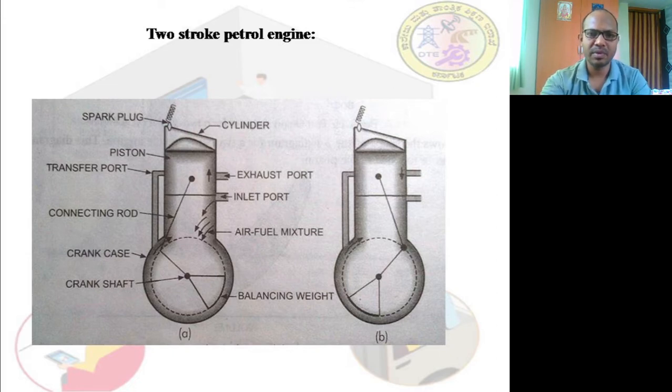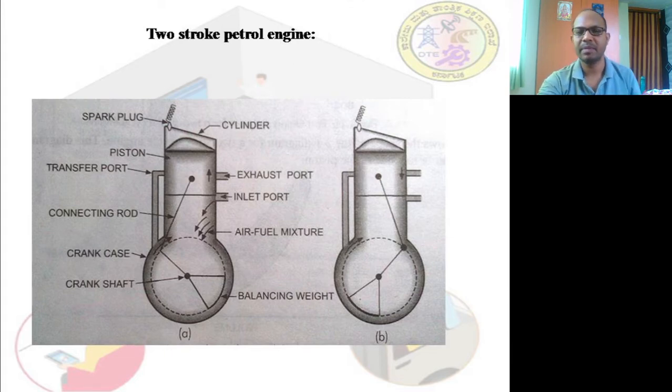Now in these two-stroke engines, the piston size is much bigger, and if you see the top piston head, it is something like a curve. It is a wavy shape. This will not be there in the four-stroke engines. We have a piston, and we have three ports, not valves.